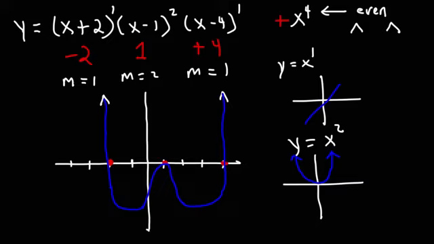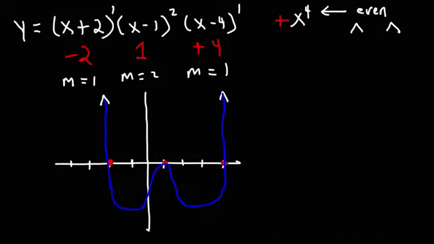Now the only thing we don't know is how low the peak is or how high it is. And the only way to get a good idea of the heights of those peaks is to plug in numbers. So we're going to try -1 and +2. And let's see what the y values are for those numbers. So let's plug in -1 into the original expression.